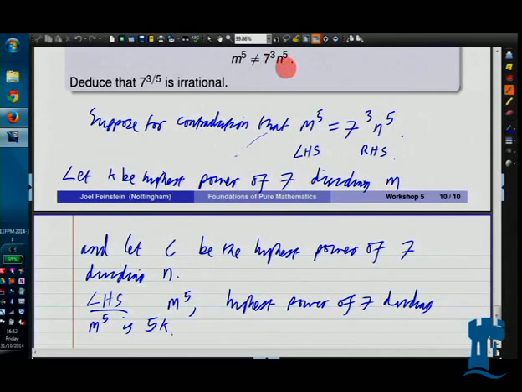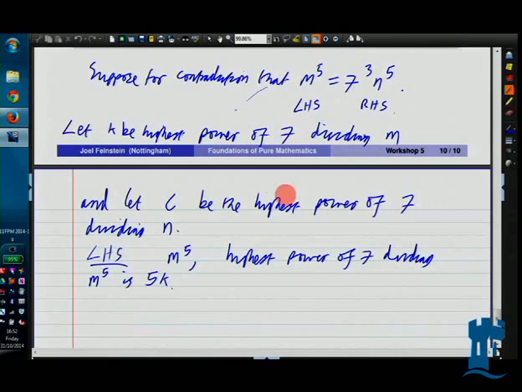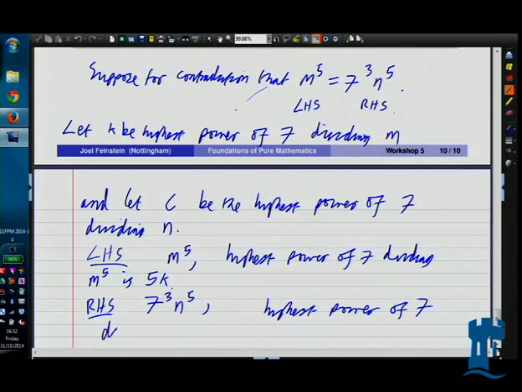But because it's 7 cubed times N to the 5th, it's going to be 5L plus 3. But we're assuming at the moment that M to the 5th is equal to 7 cubed N to the 5th, which means that they should have the same highest power of 7.